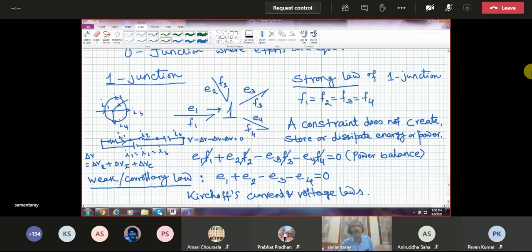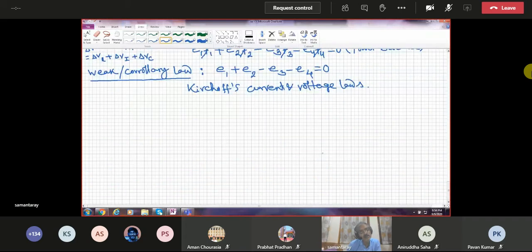So at one junction, those are equal, and signed sum of efforts is 0.